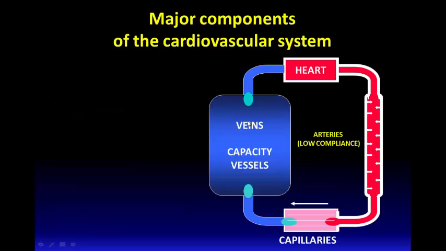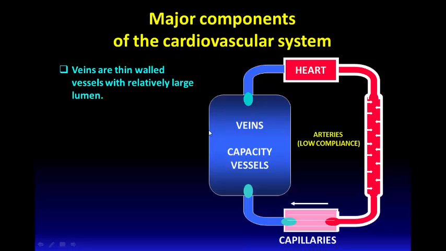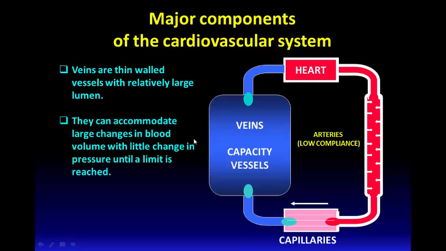Veins are important components of the cardiovascular system. They are thin-walled blood vessels with relatively large lumen. They have a high degree of distensibility and high compliance, and hence they are considered as the capacity vessels of the cardiovascular system.